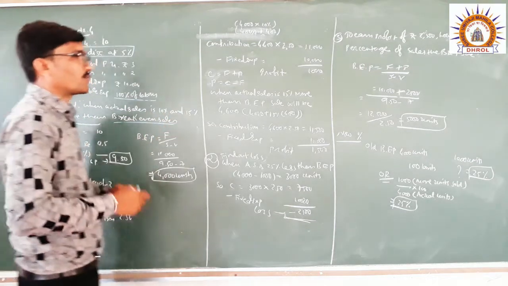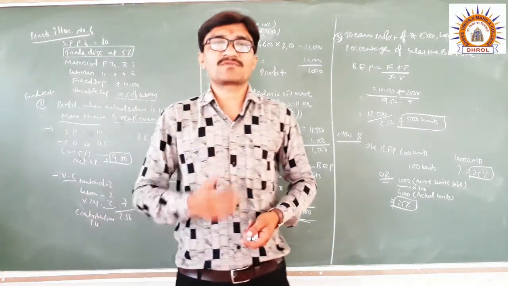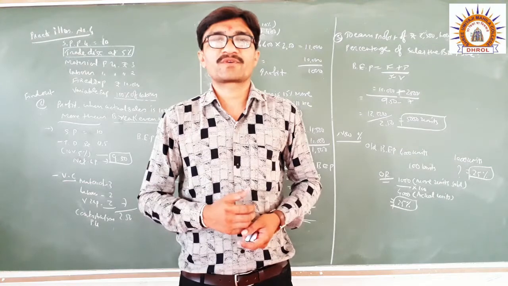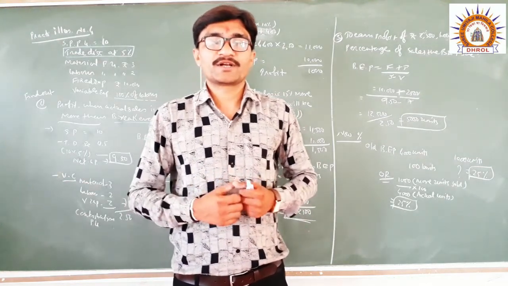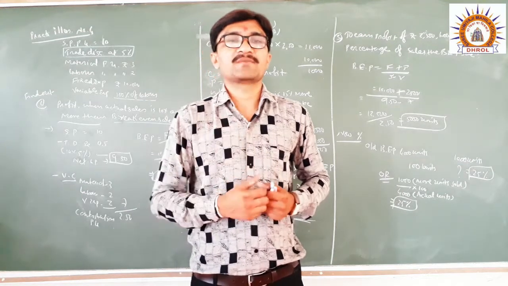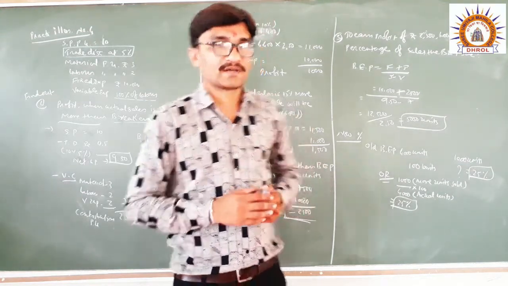So in each and every example, first of all we need to calculate the amount of contribution, in terms of per unit, and sometimes in terms of total contribution, that means in terms of rupees.